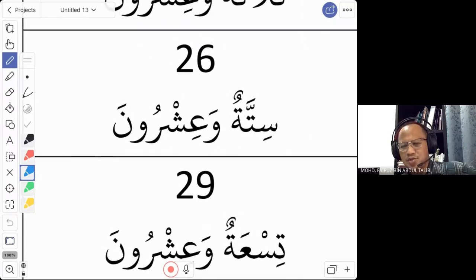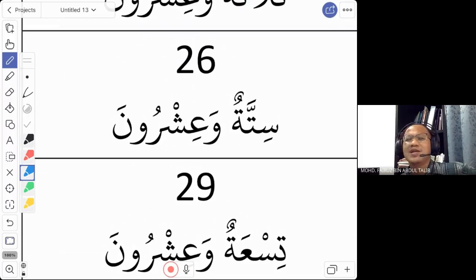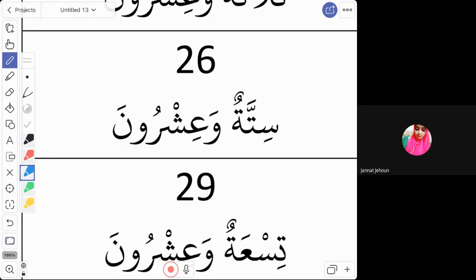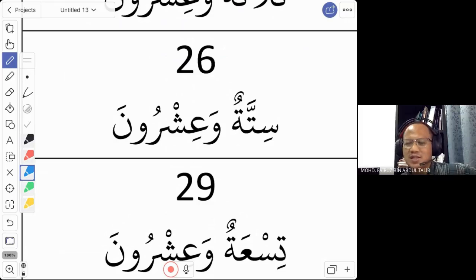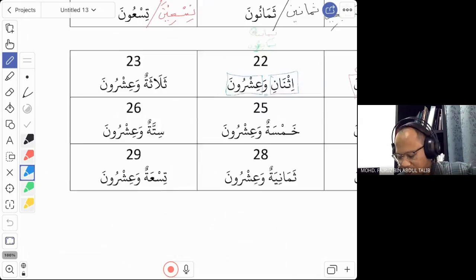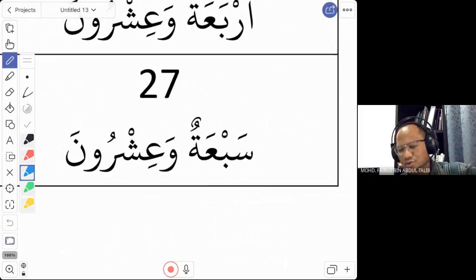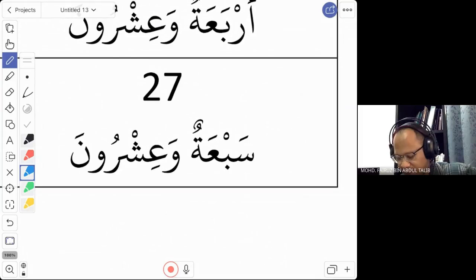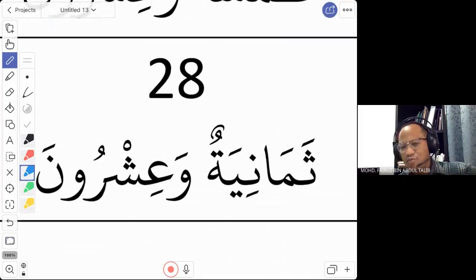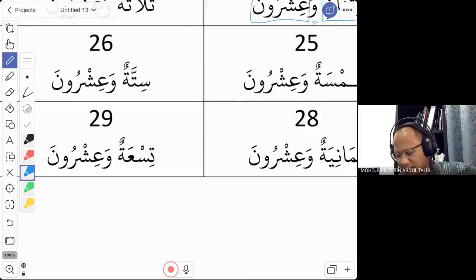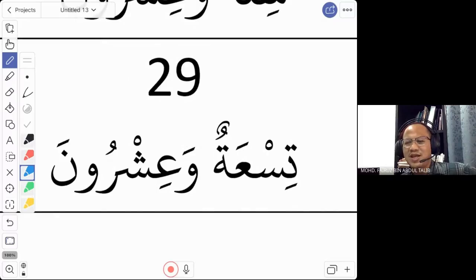Correct. Now 27. Sab'atun wa ishrun. Yes, correct. Good. So this is until the end. Sab'atun wa ishrun, 7 and 20, 27. Thamaniyatun wa ishrun, 8 and 20, 28. And tis'atun wa ishrun, 9 and 20.